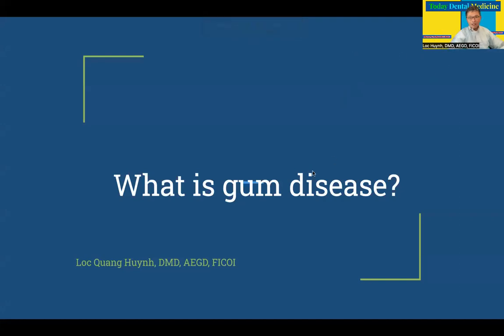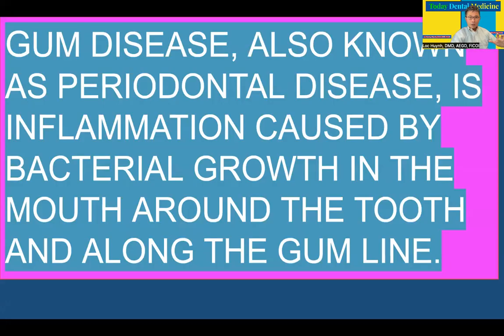What is gum disease? A lot of people know that your dentist always tells you that you've got gum disease, and I want to clarify it again, in only a few minutes with you guys. Gum disease is known as periodontal disease, the term we use in dentistry.